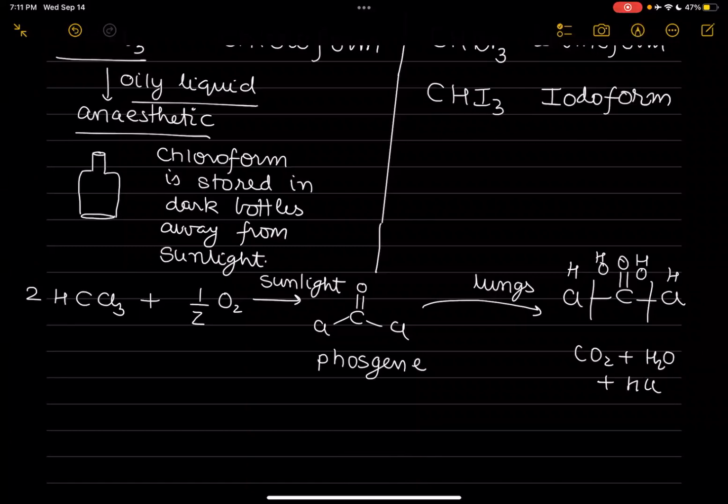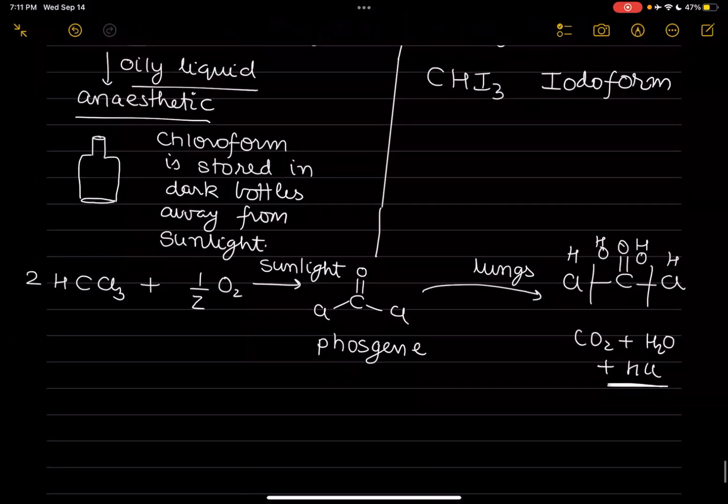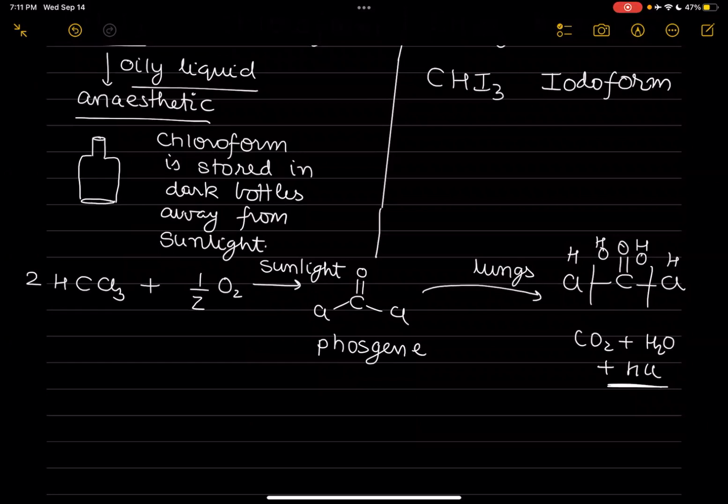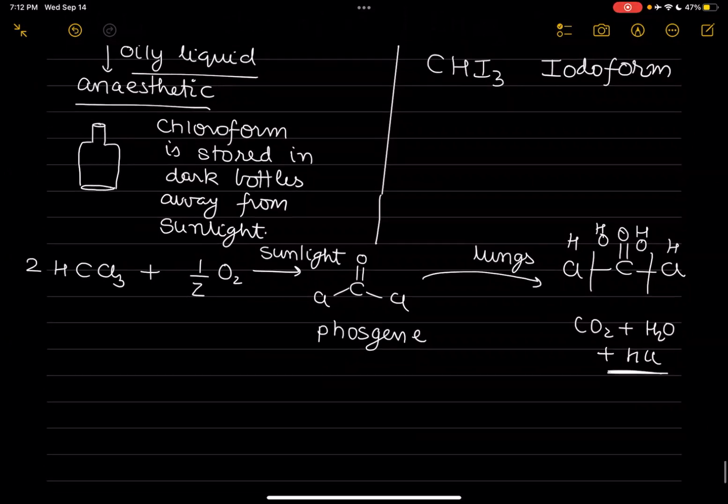The HCl will remain inside. It forms HCl in our body. Is it clear? So it can cause death. It is a very poisonous gas, right?